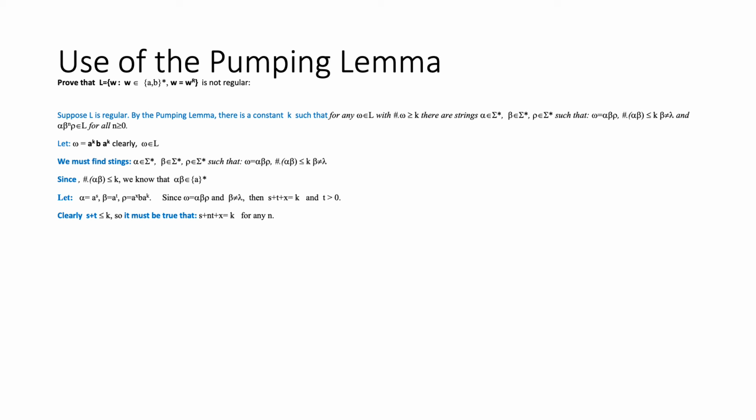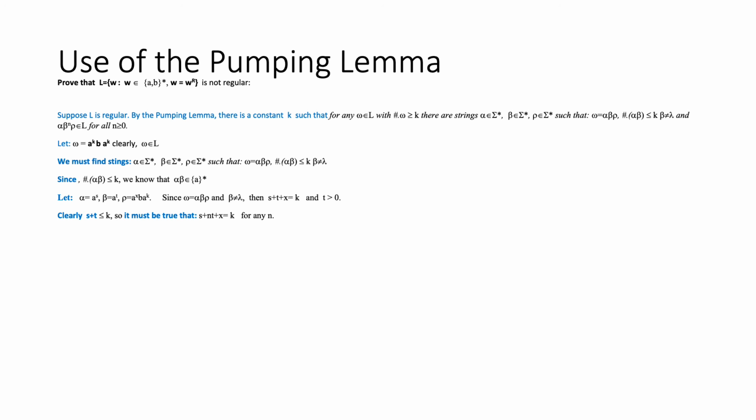We must find strings alpha, beta, rho such that omega is equal to alpha, beta, rho, such that the length of alpha, beta is less than or equal to K, and beta is not lambda. Since the length of alpha, beta is less than or equal to K, then I know that alpha and beta are composed of only A's.